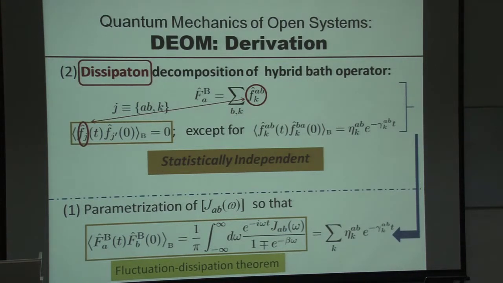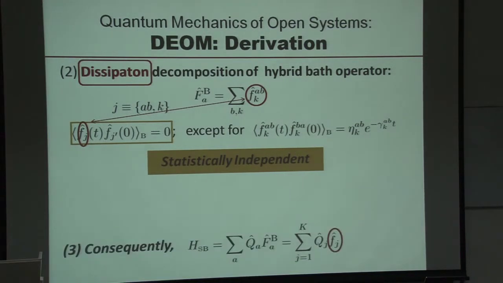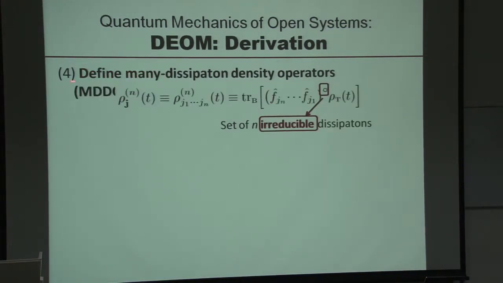Okay, and how are dissipatons going to be of interest? The dynamical variable we define here is called the multi-dissipaton density operators. It is like a total density operator, with a total of n dissipatons, and n can be 0, 1, etc. When n equals 0, it is exactly the reduced density operator. For n equal to 1, one dissipaton participates; for 2, that means two dissipatons, like coupled clusters.